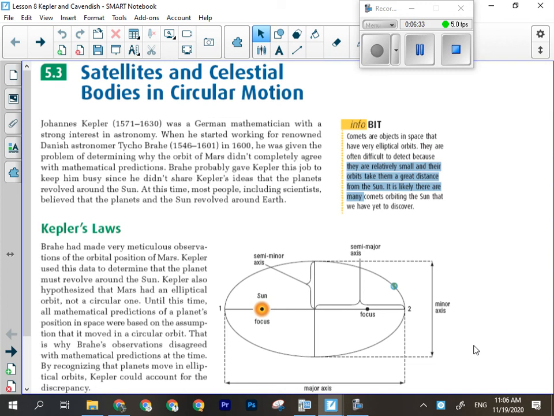So people made all these observations, especially Tycho Brahe. He spent his life charting the movement of the planets in the sky, not always with a telescope, like this is kind of pre-telescopic observation. He just watched planets move in the sky. And he found that most things just went over and did their thing.